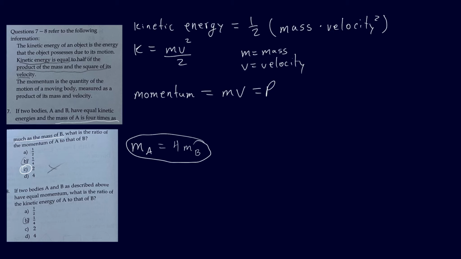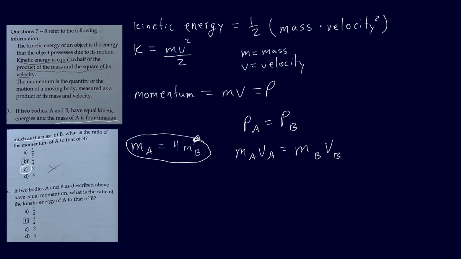Okay, so they have equal momentum. So P of A is equal to P of B. And then I'm going to rewrite that with mass and velocity. So mass of object A times the velocity of object A equals the mass of object B times the velocity of object B. And then I'm going to replace whatever I can with this fact over here.